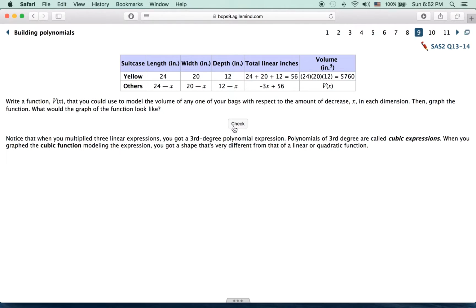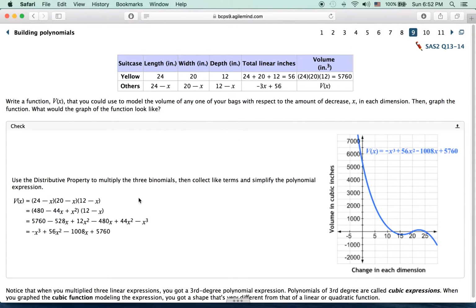So to model the volume, you would have to take the product of the length, the width, and the depth. Okay, if you multiply these polynomials, you would end up with a cubic polynomial. This represents the volume of the luggage as a function of the change in dimension that you applied.